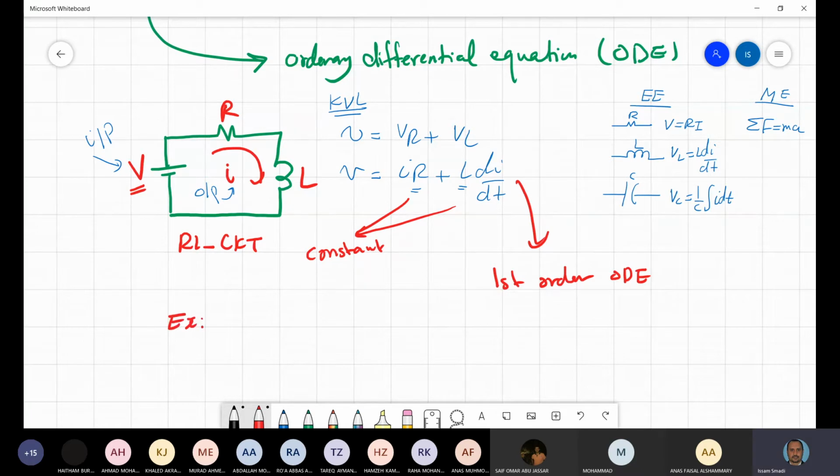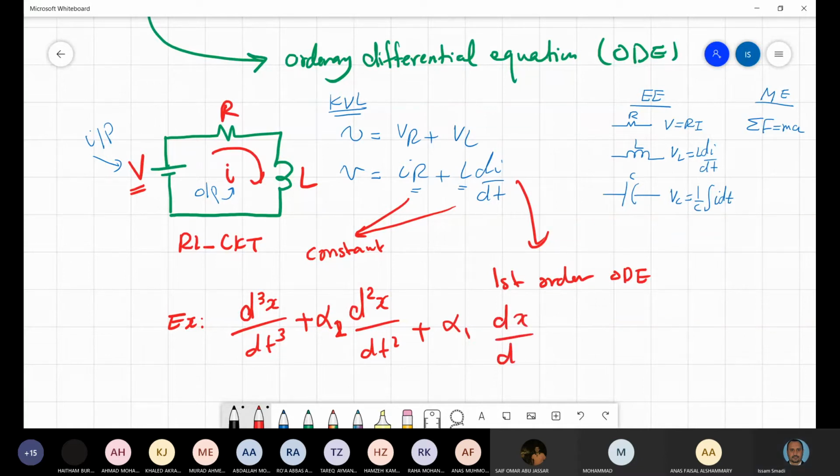Let's assume that I'm having the third derivative by dt, plus alpha 2 times the second derivative, plus alpha 1 times the first derivative, plus alpha 0, is equal to a certain input u of t. This one is also an ordinary differential equation.